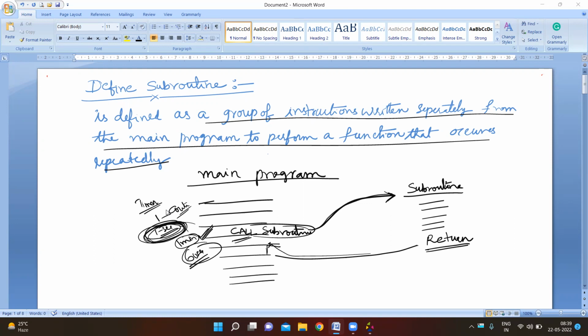Now, whenever the call instruction is executed, this call instruction is a 3-byte instruction, and the program counter is incremented by 3 locations. The first byte is the opcode, and the second and third bytes are the 16-bit target address of the subroutine, where exactly we need to jump.